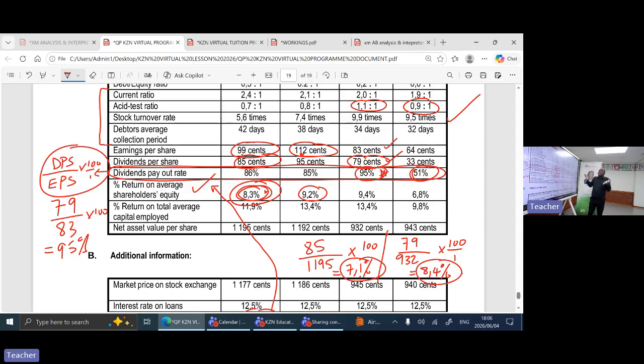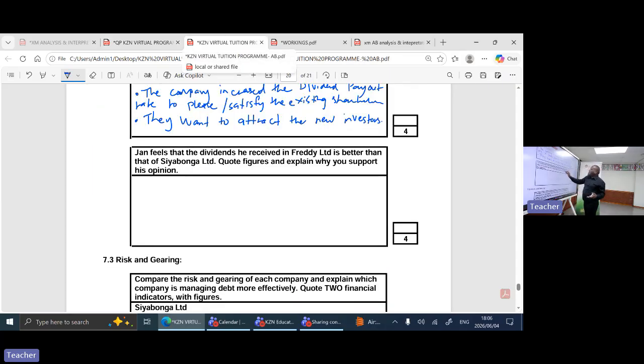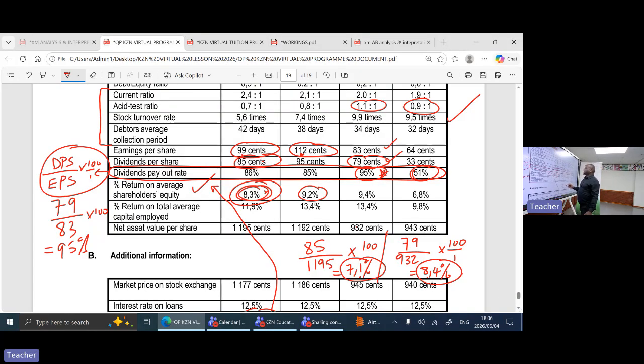That may be wrong, because the question is already saying that Freddie's are better. But when you compare the dividends received with the NAV, dividends over NAV from both companies, you will notice that Freddie is actually the better one.